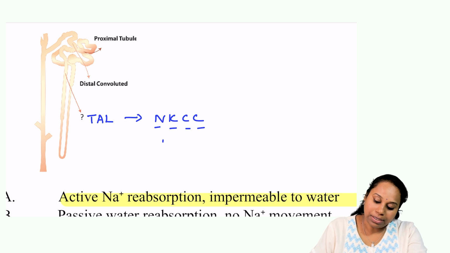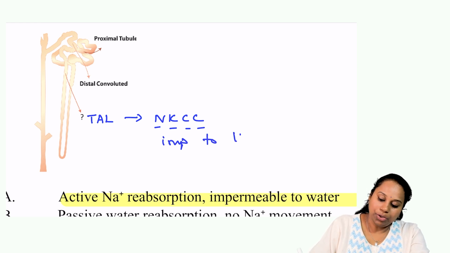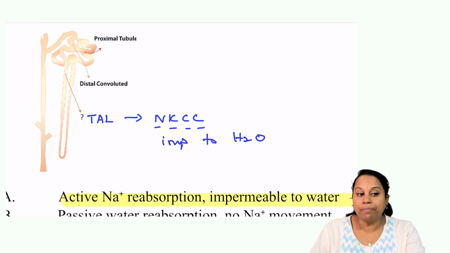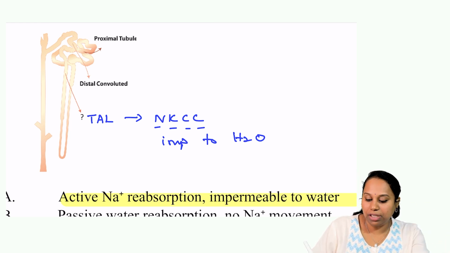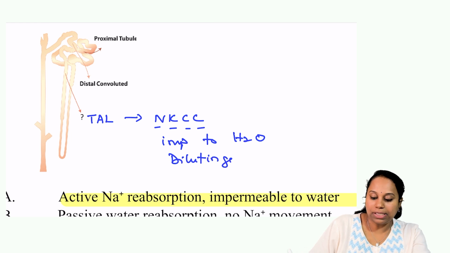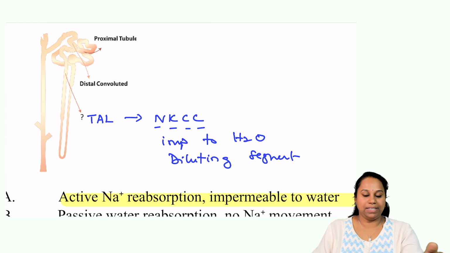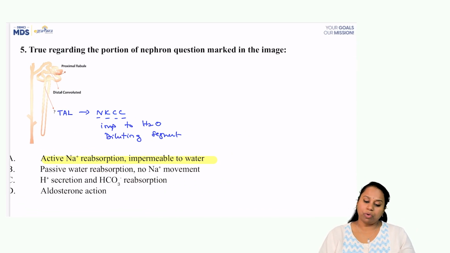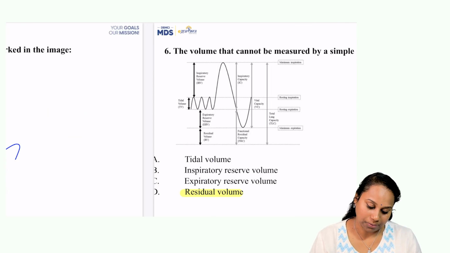And this segment is impermeable to water. That is why it will absorb salts, but not water. So water remains in the urine, making the urine very dilute. That's why this segment is called the diluting segment of the kidney. So the more appropriate answer is option A: active sodium reabsorption, and this segment is impermeable to water.